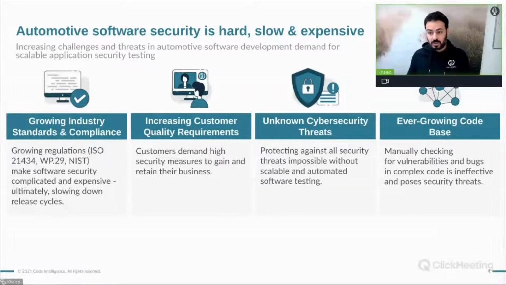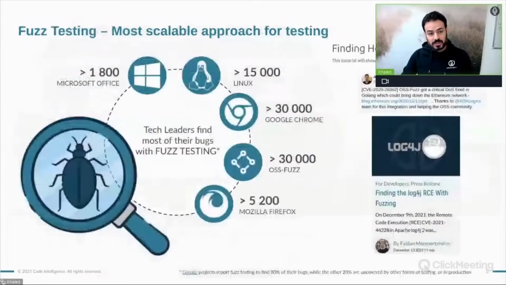In addition, automotive software is, as I mentioned, becoming increasingly complex, and it's ineffective to just limit the process of security testing to manual effort or pen testing. So, having a look at these challenges, fuzzing provides a really scalable and effective approach for testing.